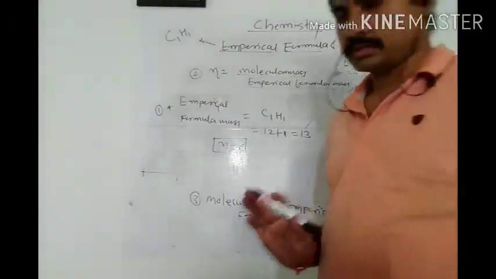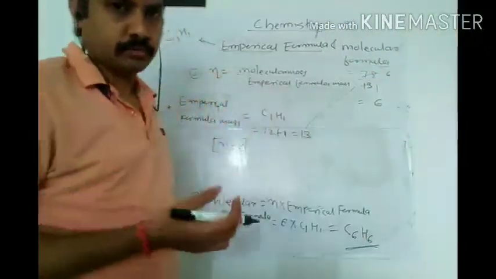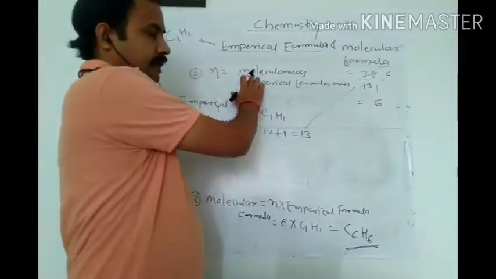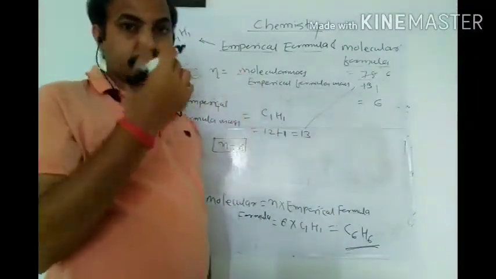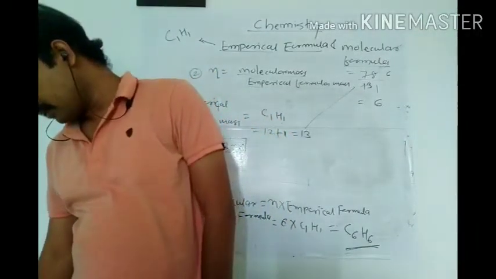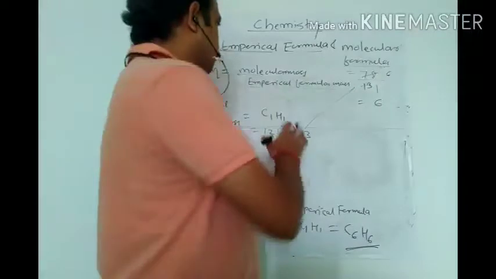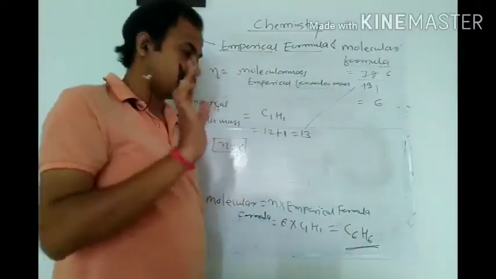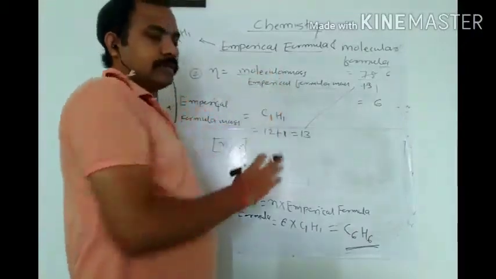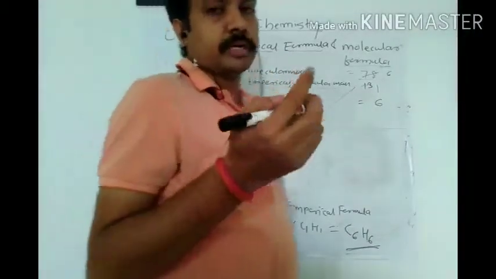Before this, one more important point. Sometimes, instead of the molecular mass, another term is given, known as vapor density. Instead of molecular mass, vapor density is given in the problem. Then, to calculate the molecular mass from vapor density, we have to multiply it by 2.